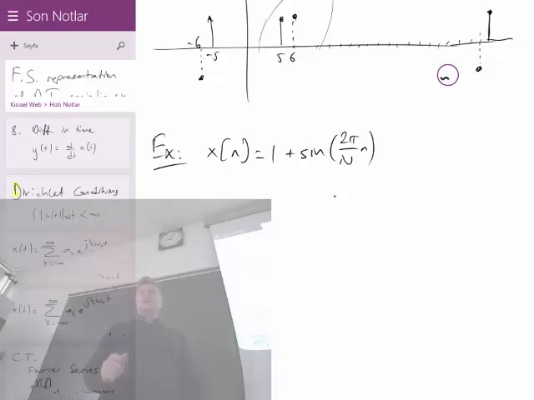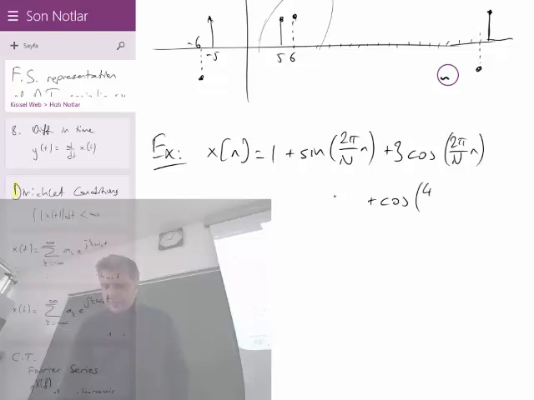This capital N is left to be parametric, so it can be any integer number, plus 3 cosine of 2 pi over capital N, and plus another cosine term, this time 4 pi over capital N, plus pi over 2.